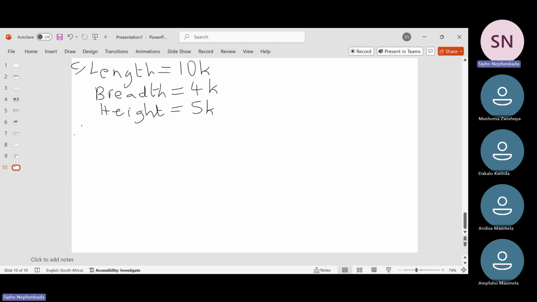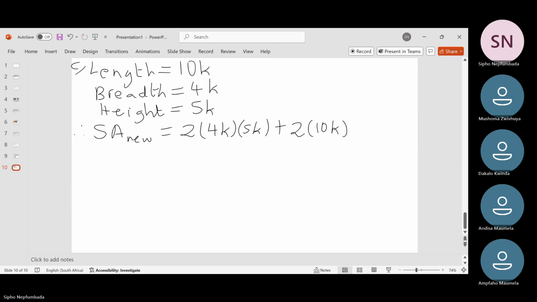Therefore, the new surface area is going to be equal to what? 2 times 4k times 5k, we're just putting the k's, plus 2 times 10k times 5k, plus 2 times 10k times 4k.